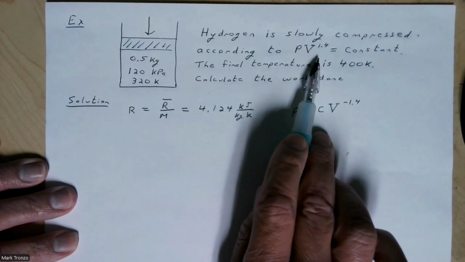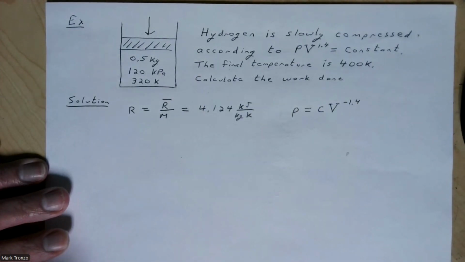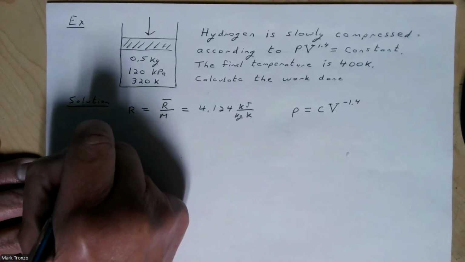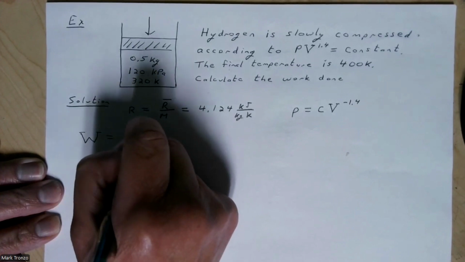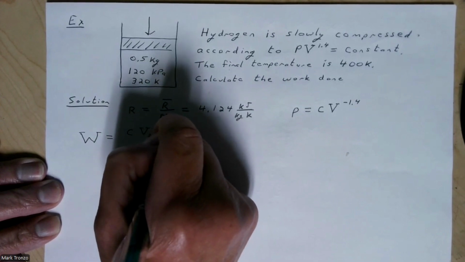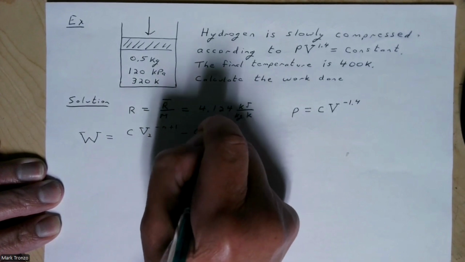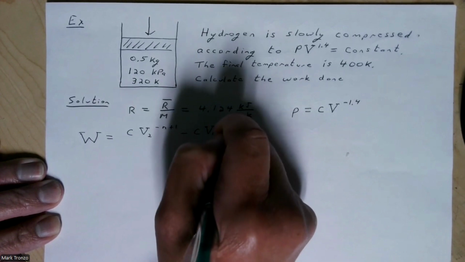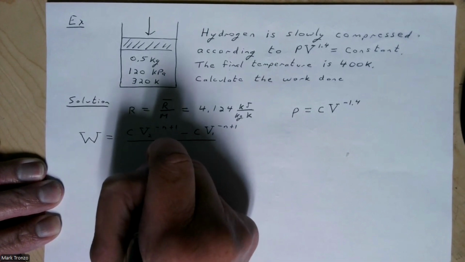Remember, whenever we have PV to the n equals a constant, we calculated a little while ago that for an isentropic relation, the work may be calculated this way.